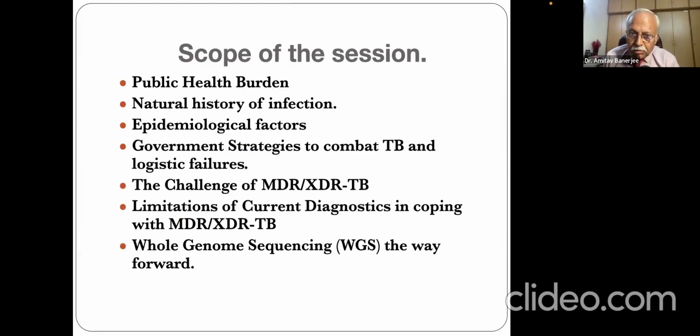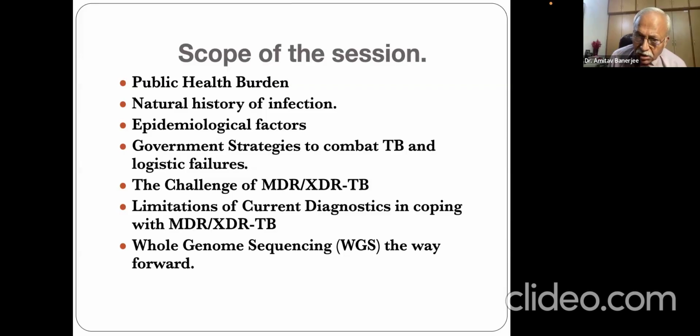We will briefly discuss the public health burden, natural history of infection, and epidemiological factors. Most of you, being doctors, will be aware of it, so we'll run through this rapidly. Then, what are the government strategies? And what I would be stressing on is the challenge of multi-drug resistant and extensively drug resistant tuberculosis.